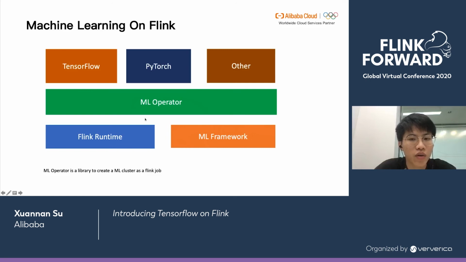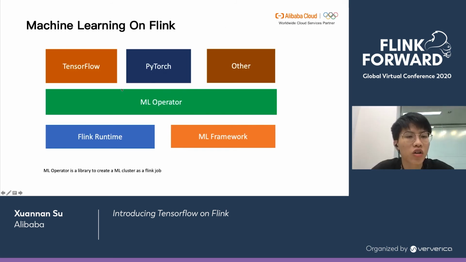And in the middle layer, we have the ML operator. The ML operator combines the underlying Flink runtime with the ML framework. You can look at it as a library to create a machine learning cluster as a Flink job. In other words, it exposes the concept of nodes and application manager to the user, and it also runs the machine learning cluster in Flink runtime.